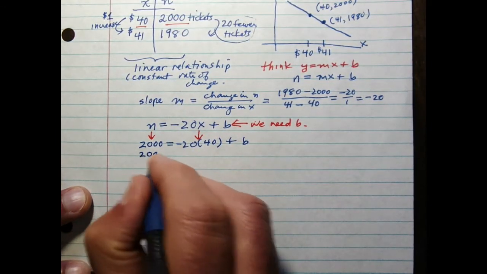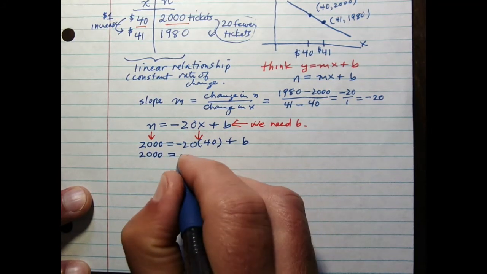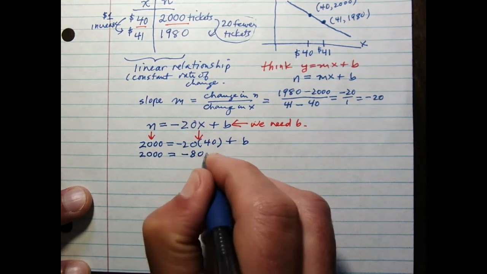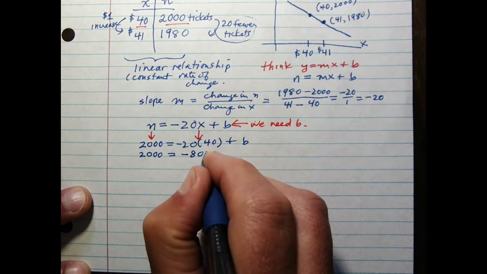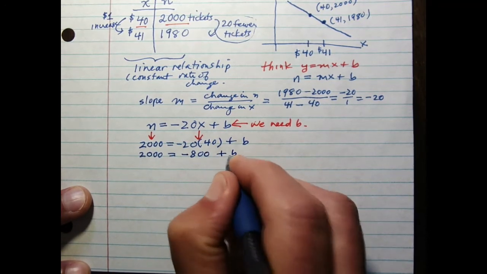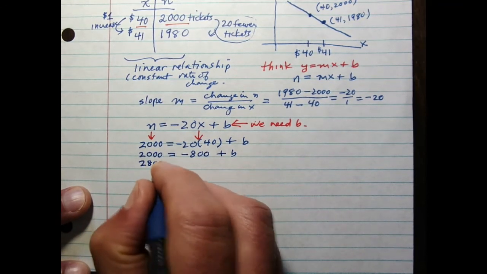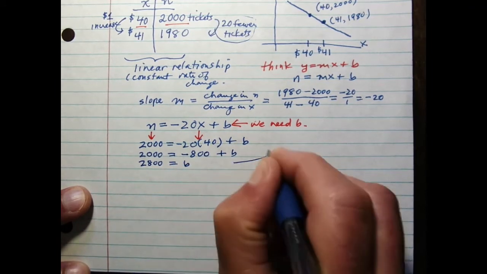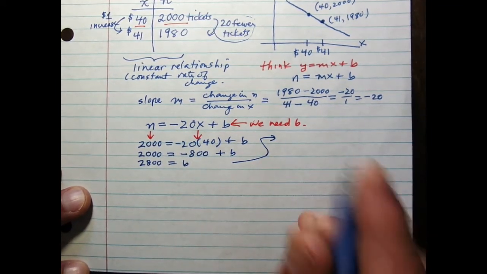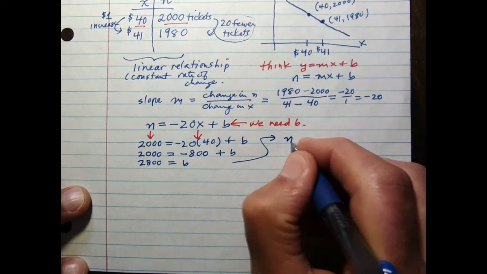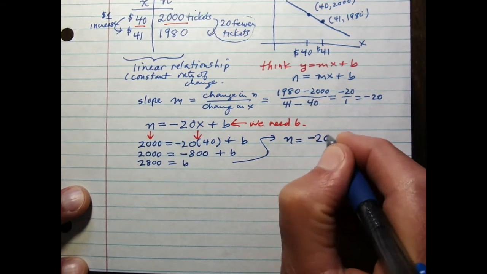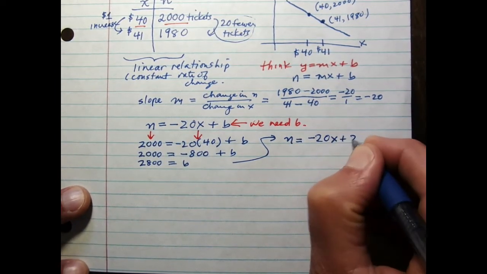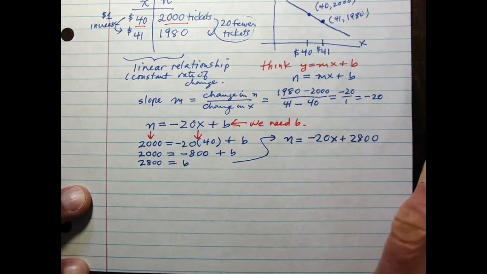So we have 2,000 equals negative 800 plus b, or 2,800 equals b. Okay? So what this means is we have this relationship n equals negative 20x plus 2,800.